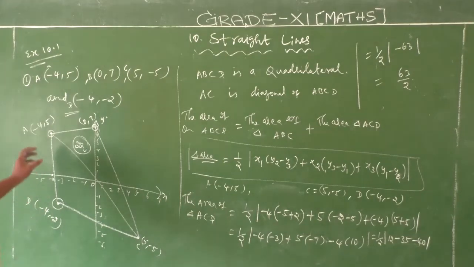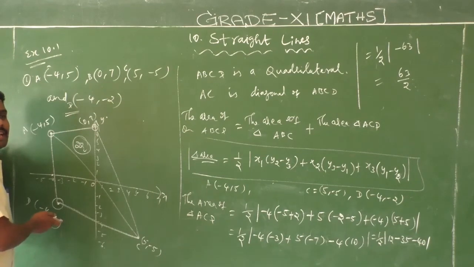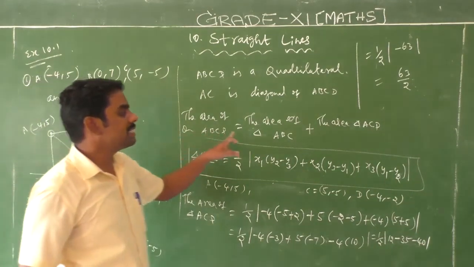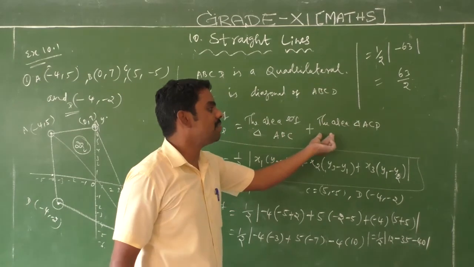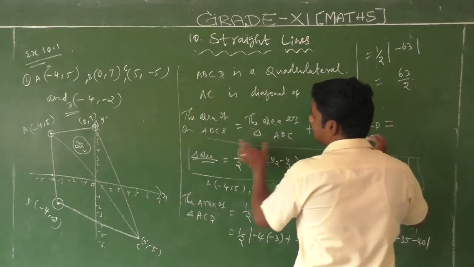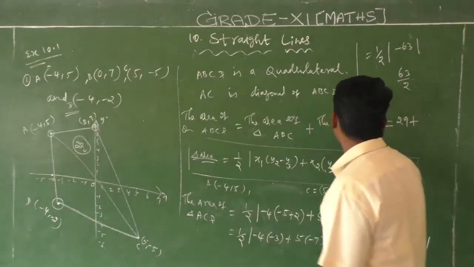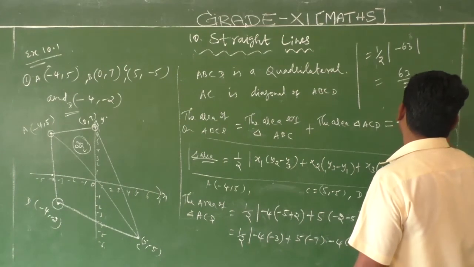So the required answer is the area of quadrilateral ABCD, which is the area of triangle ABC plus the area of triangle ACD. The area of triangle ABC is 29, plus the area of triangle ACD is 63 divided by 2.